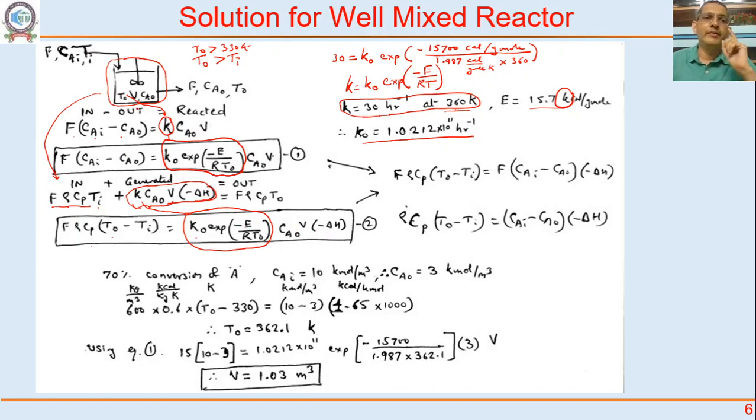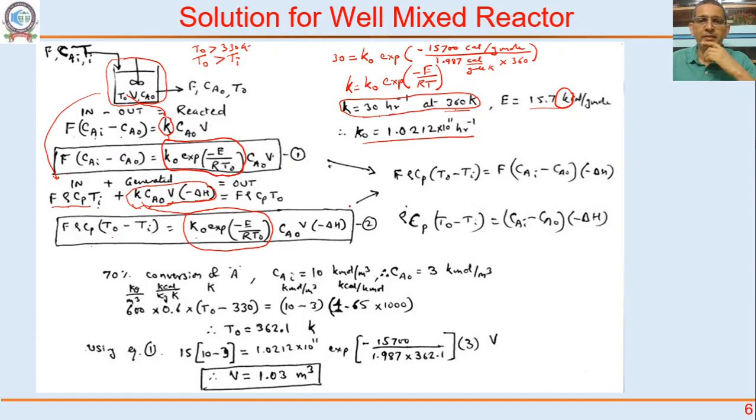Remember, important point: T naught, T out is T naught, T out if you like. The reactor is operating at T out. It is different from 360 at which the rate constant is given to you. It can be same, it can be different as well.